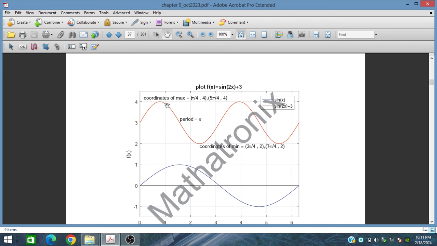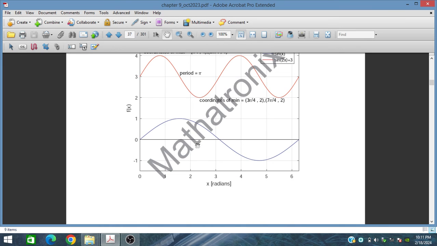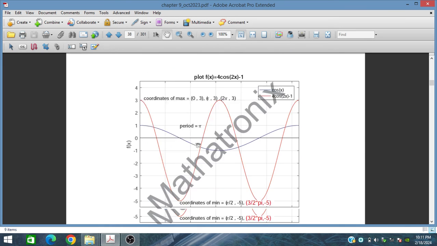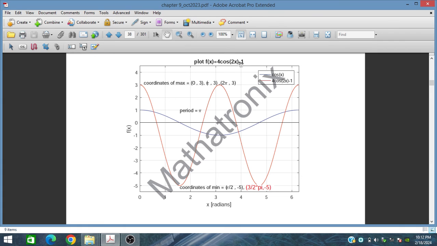At 3 this is repeating plus minus 1. Plus 1 becomes 4, minus 1 is 2. So these are the maximum coordinates, and the minimum coordinates can also be plotted. This is very easy and very good looking. Similarly for this cosine 2x minus 1, we have shifted it from here.